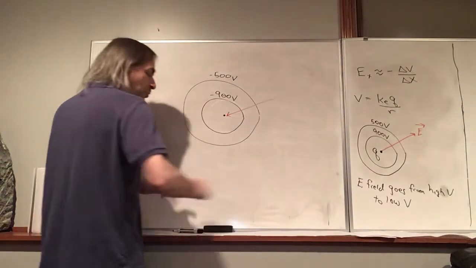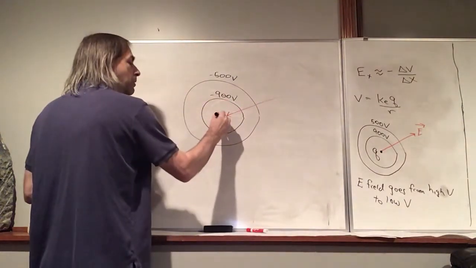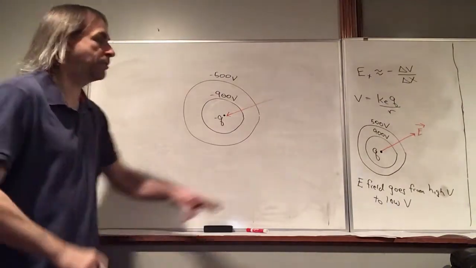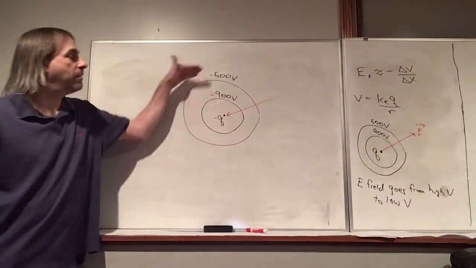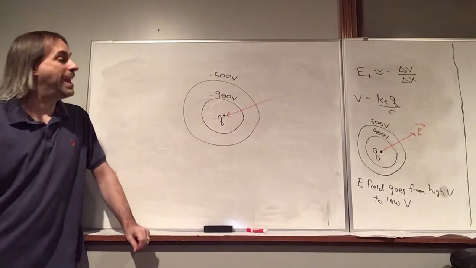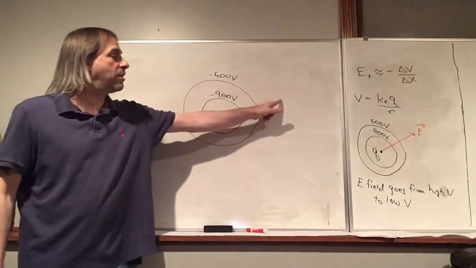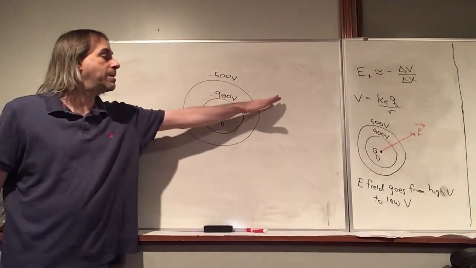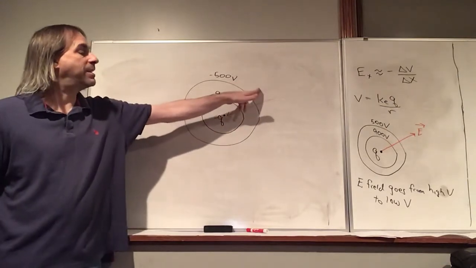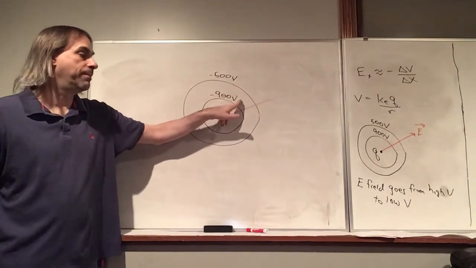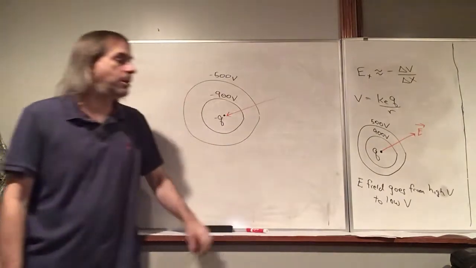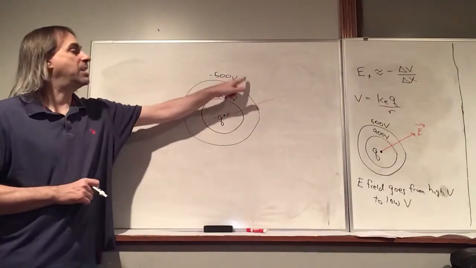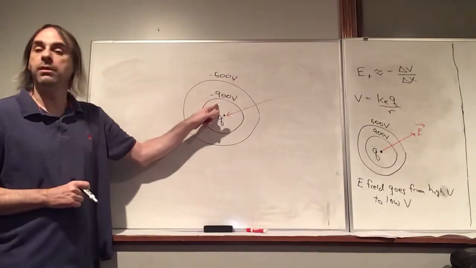Our electric fields point towards negative charges. So if we just replace Q with minus Q, we have the same magnitude, but they're now negative. So again, if we follow the electric field in the direction indicated by the arrow, we're going from minus 500 to minus 900. We're still going from high potential to low potential. Minus 500 is a bigger number than minus 900.